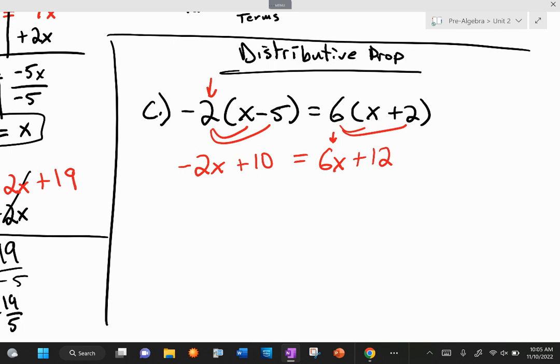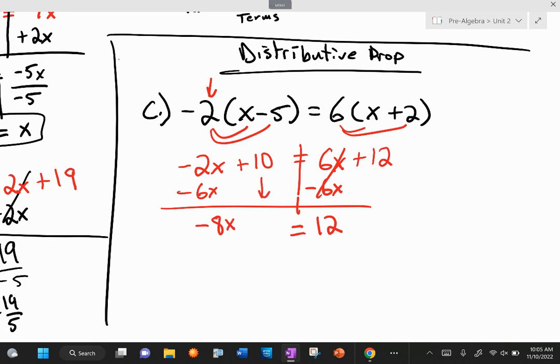What we're worried about is moving the whole thing over to the other side. It's being added to the 12. So what's the opposite of that? Subtracting 6x from both sides. You got to move the whole thing to combine them. So the 6x's will cancel out on the right. I can bring down a 12. The negative 2x plus a negative 6x will give me negative 8x, and I bring down the 10.